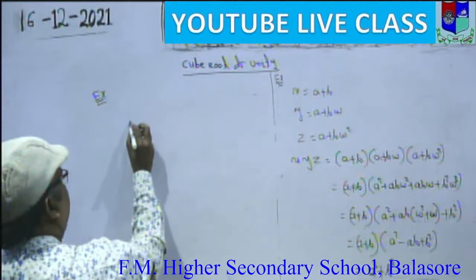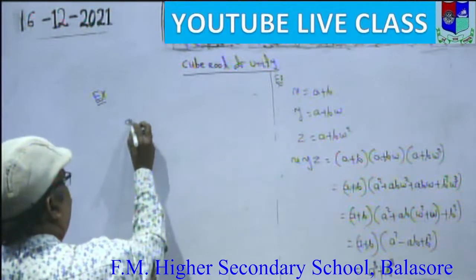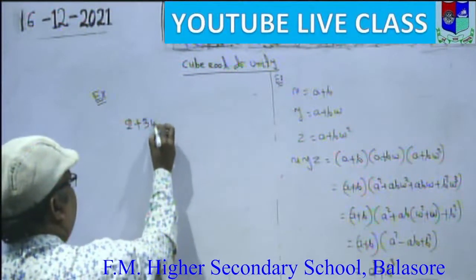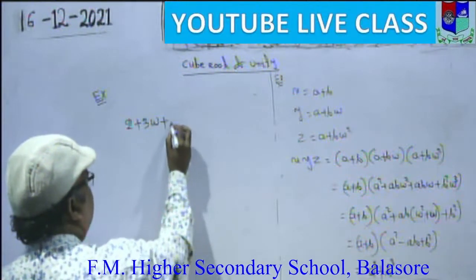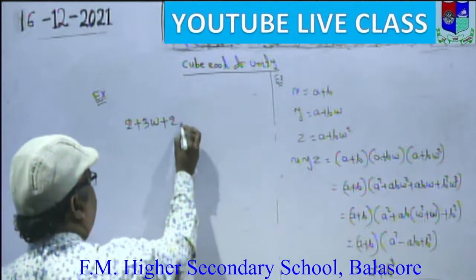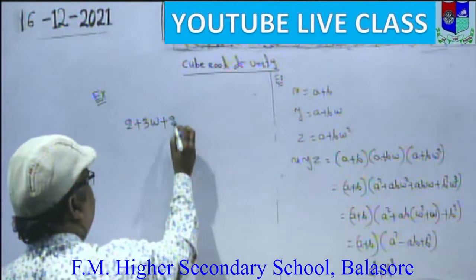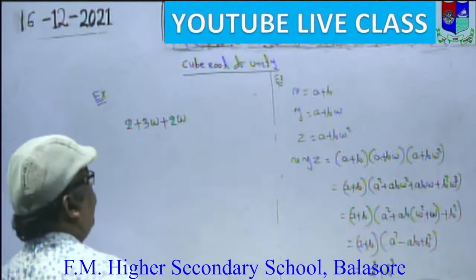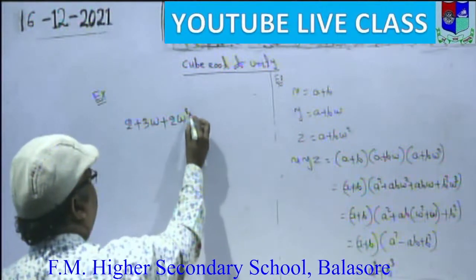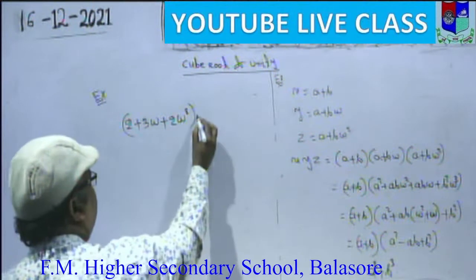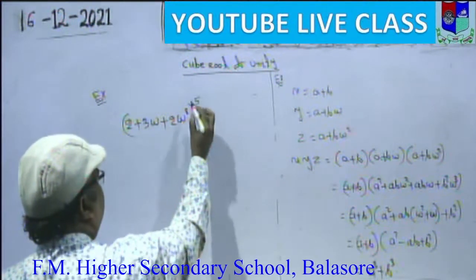Suppose 2 plus 3 omega plus 2 omega to the power 8, whole to the power 5.